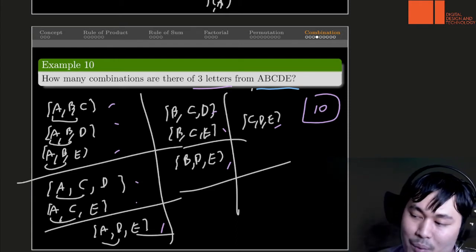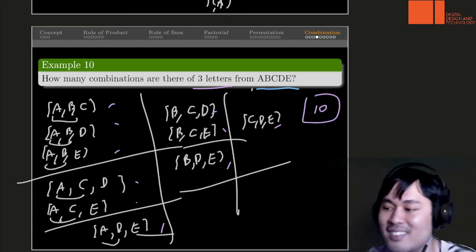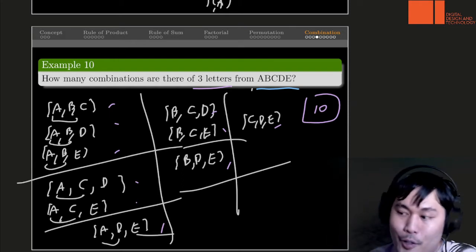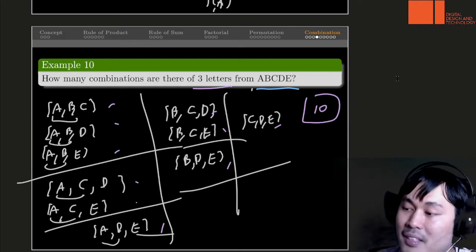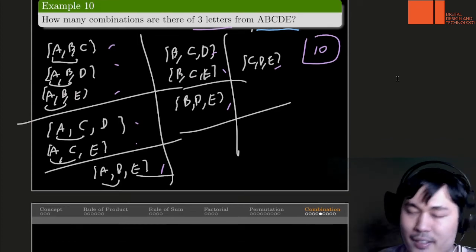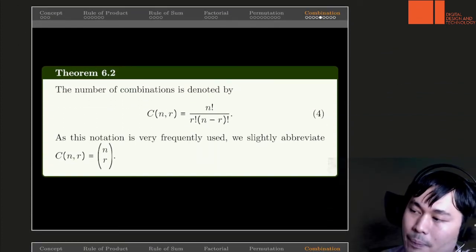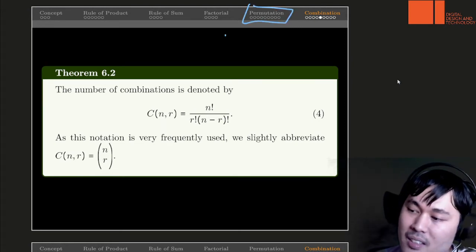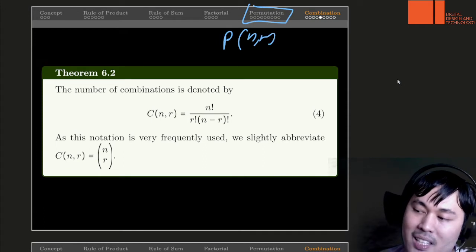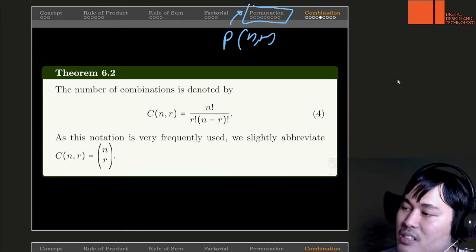So this is where we start to look for formulas, because otherwise it's going to take forever to compute all these things. Luckily, we have a formula. I forgot to mention, earlier we have a formula for permutation. We have a letter P, so P is for permutation.